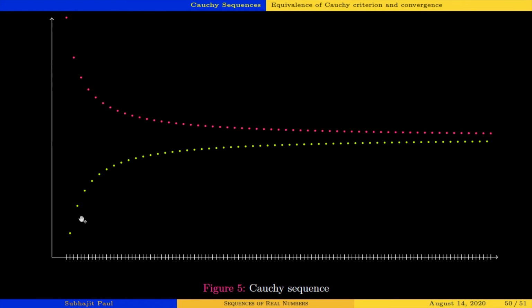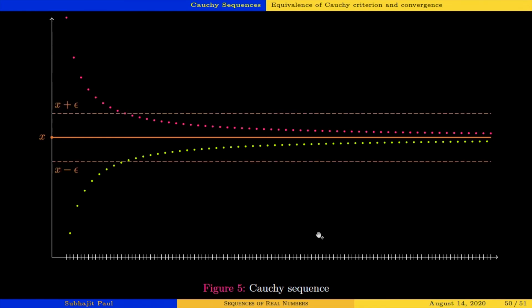We assume that this subsequence is a convergent one and converges to this point x. So this green subsequence is a convergent subsequence and converges to this point x. These are the epsilon bounds around x, from x minus epsilon to x plus epsilon.